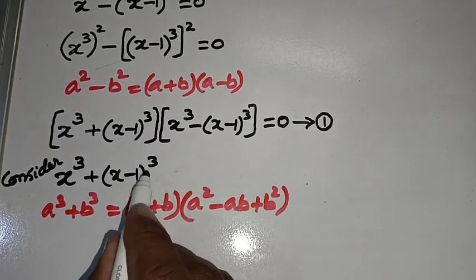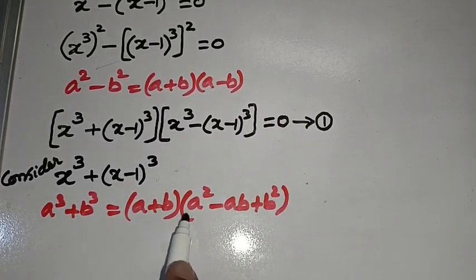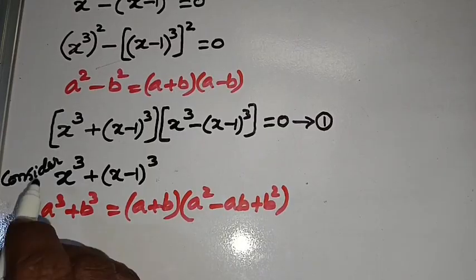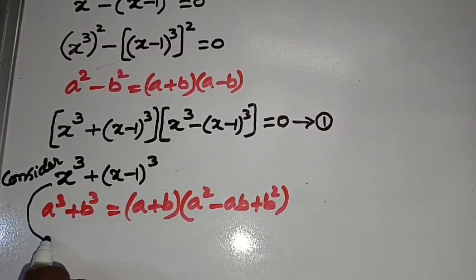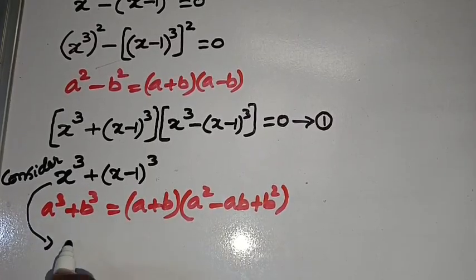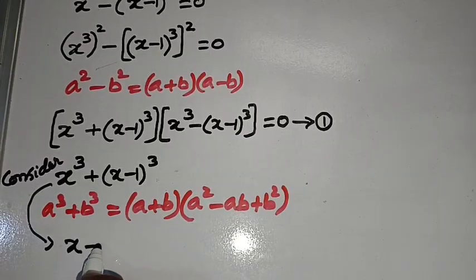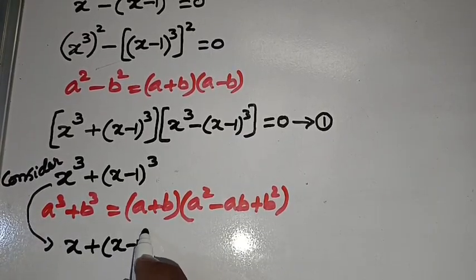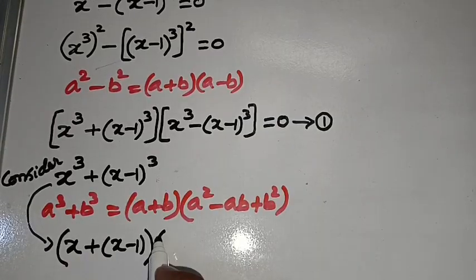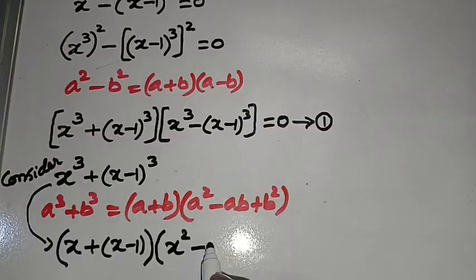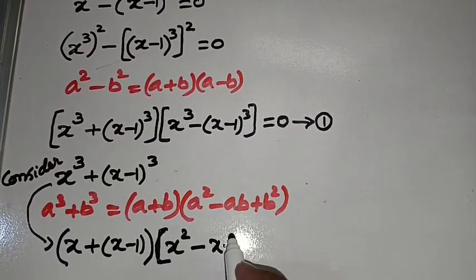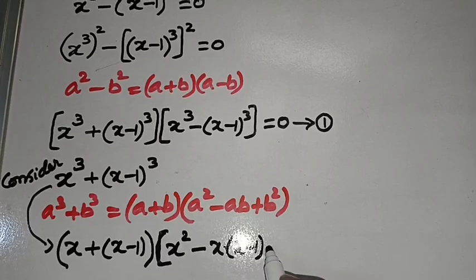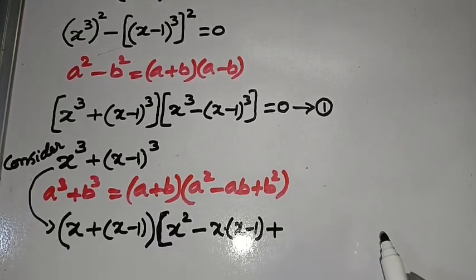So x cube plus (x minus 1) whole cube, when we write using this right hand side, becomes (a plus b), where a is x and b is x minus 1, into (a square, x square, minus a times b, that is x into (x minus 1), plus b square).